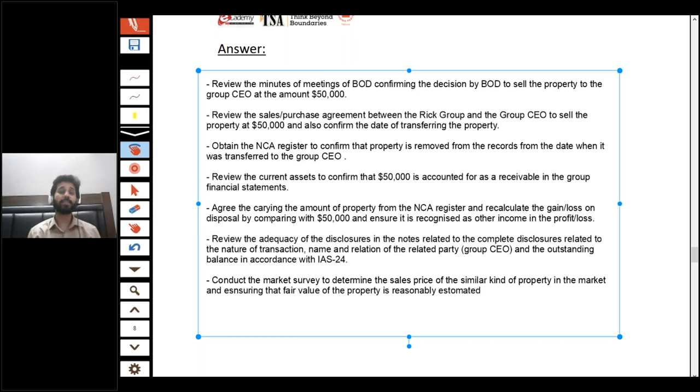And now you can also insert IFRS 13. Yes, you can simply insert that fair value is in accordance with IFRS 13 fair value.